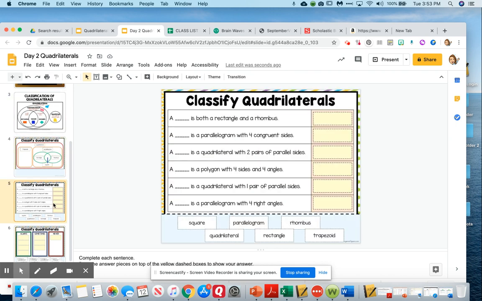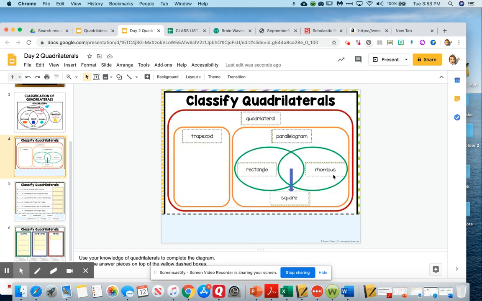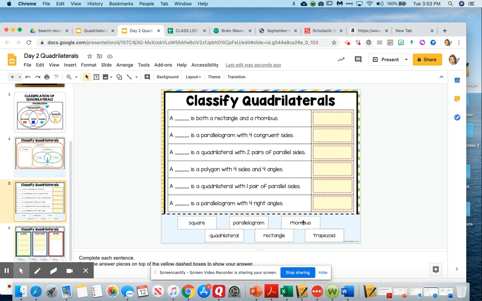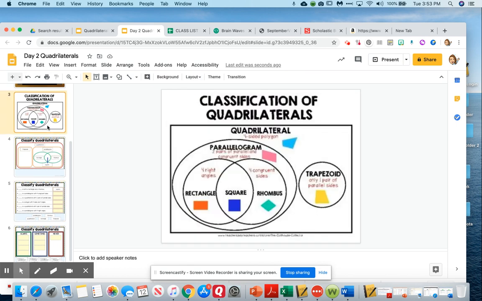Okay, so now, what is both a rectangle and a rhombus? Well, which one is both a rectangle and a rhombus? Our square. Which is a parallelogram with four congruent sides? Well, remember, if you look at this chart, which one has four congruent sides? Our rhombus has four congruent sides.